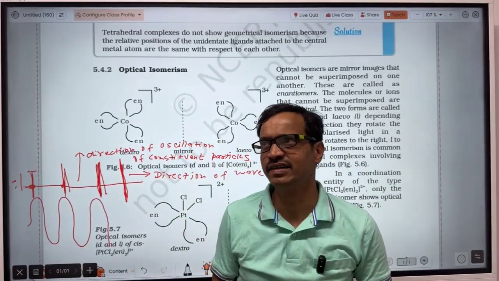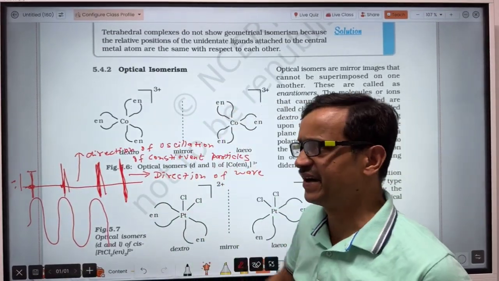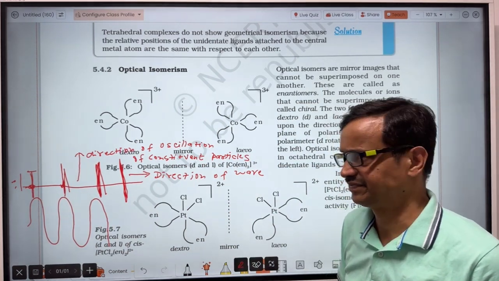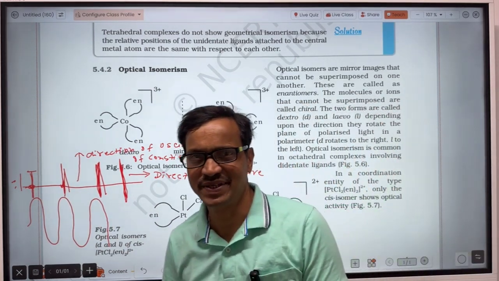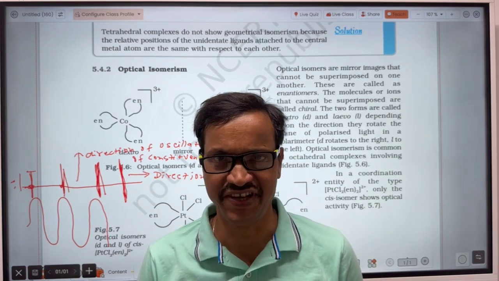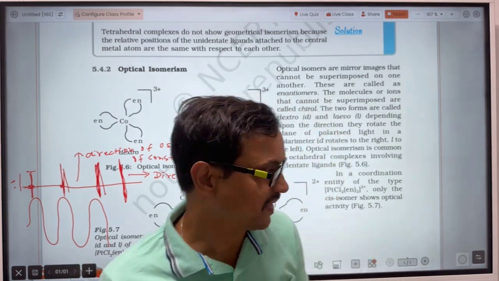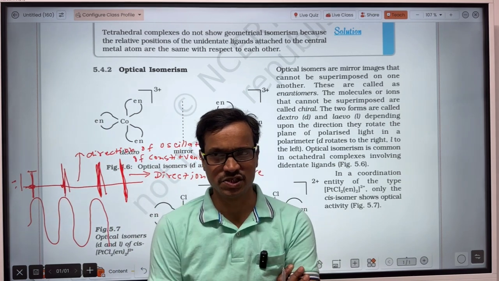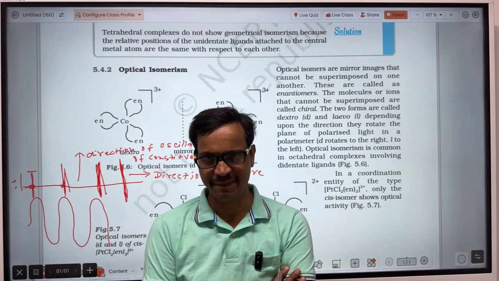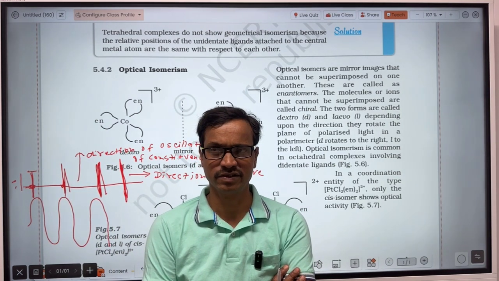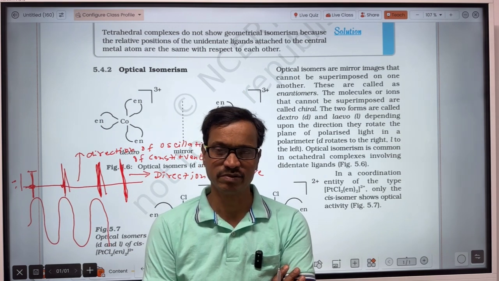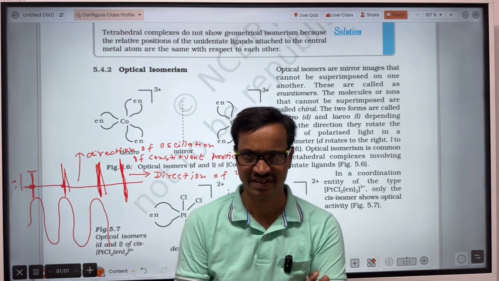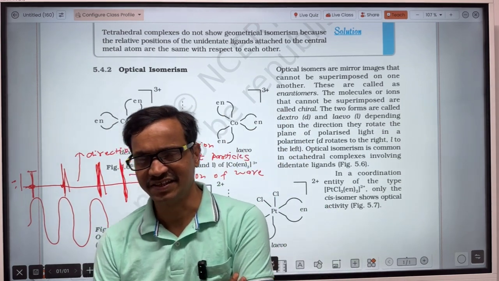So that means here the constituent particles vibrate perpendicular to the propagation of the wave. This type of wave is called a transverse wave. A transverse wave is the wave in which the constituent particles vibrate perpendicular to the direction of propagation of the wave.